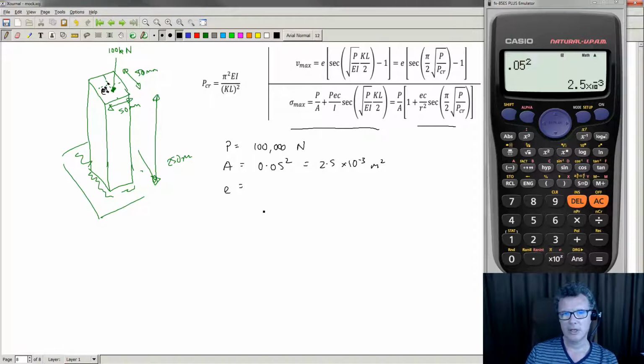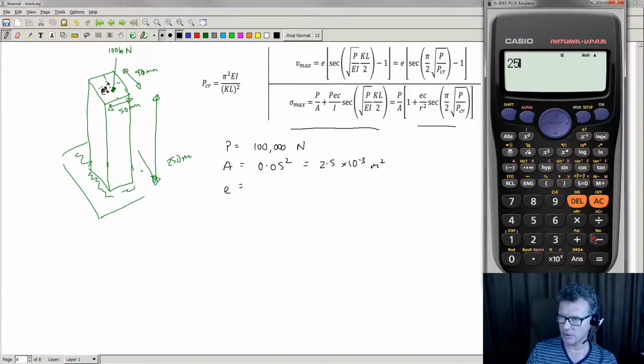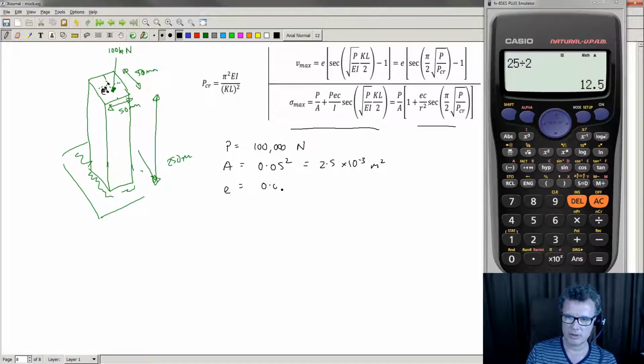So that E is, so here to here is 50 millimeters. From here to here is 25 millimeters. And we're doing it so it's halfway. So half of 25 is 12.5. So that will be 0.0125 meters.